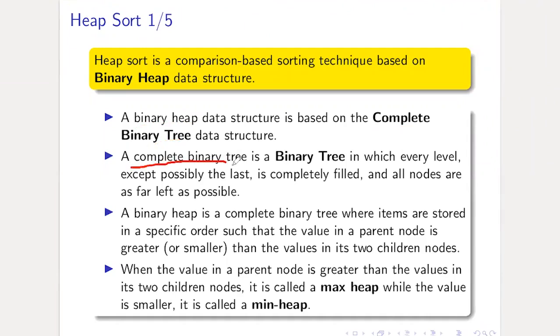And a complete binary tree is a binary tree. We have already discussed binary trees in our previous part of this lecture series. And how does a binary tree become a complete binary tree? Well, in every level except the last level, the filling of nodes happens to the left.